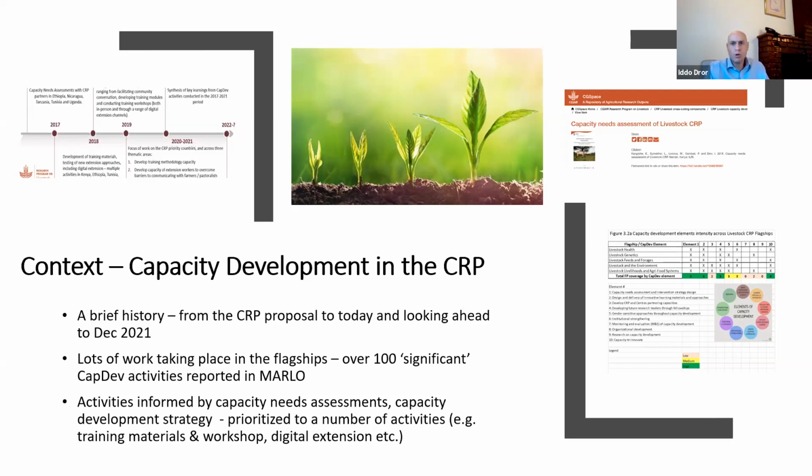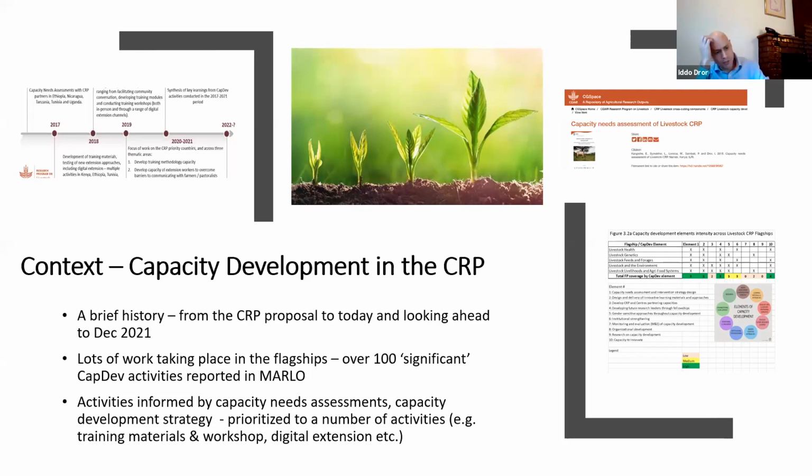And of course, with the introduction of the priority countries, we had focused our work there, and that's what Edwin and Mamusha will speak to right after this slide. But I do want to frame this as well and to remind us that actually most of the capacity development work happens within the projects, within the flagships. So part of this work is also about coordination and synthesizing the work that happens across all parts of the CRP.